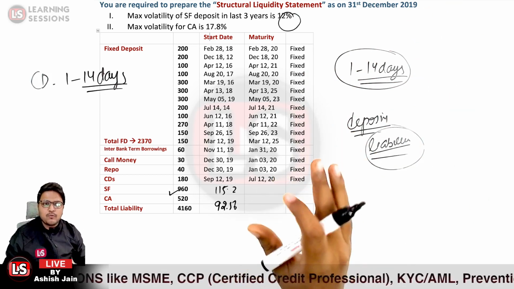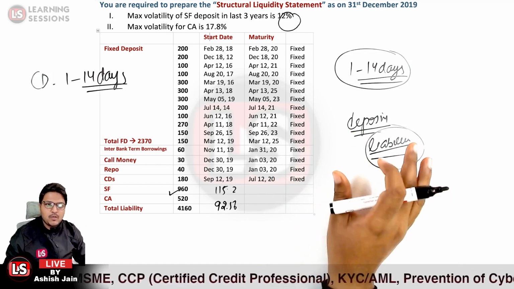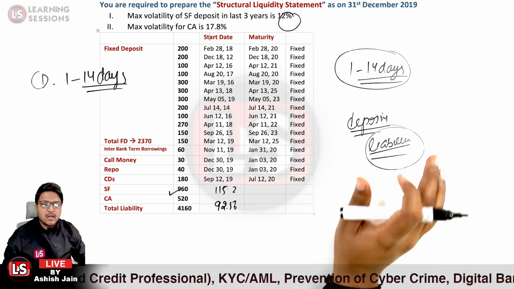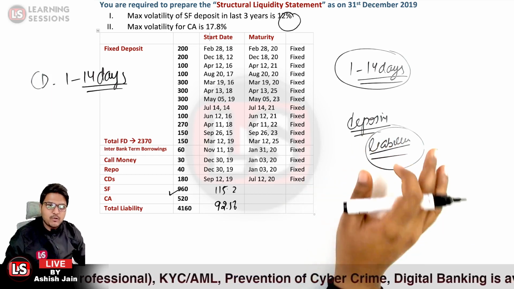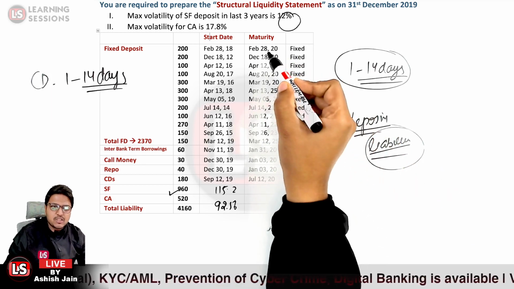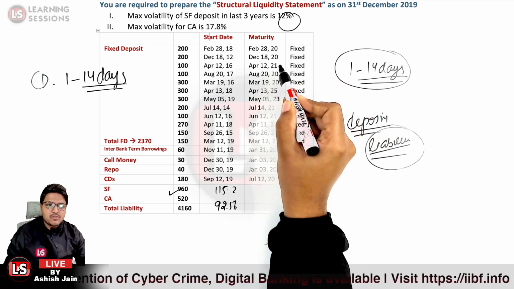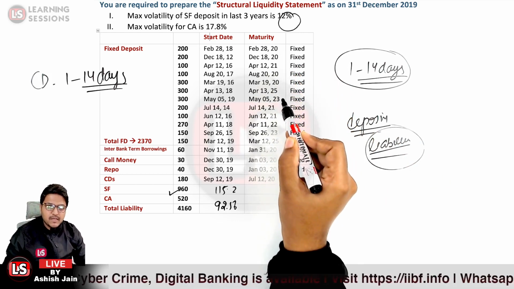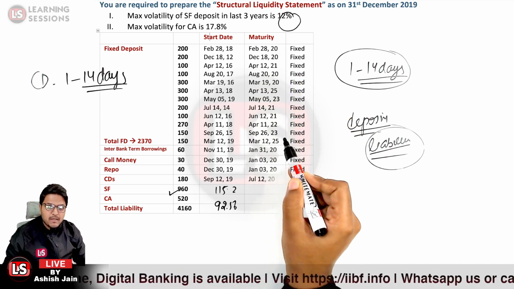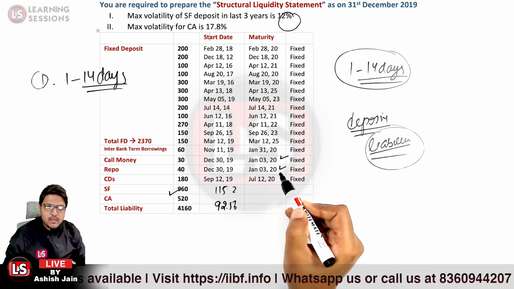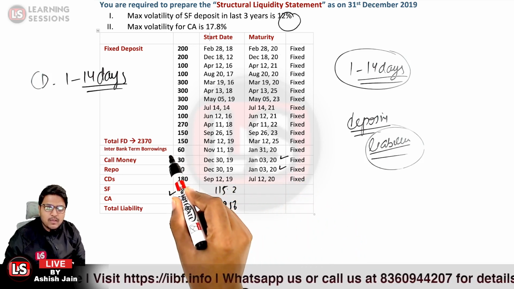It will be the 1 to 14-day bucket we will be considering, so 1st of January 2020 to 14th of January 2020. So we need to get all the data which falls under that particular period. If you look at the 2020 entry, it is not related to that period. Further, it is also not related to that period. But if we look over here, that is related to January 3, 2020.